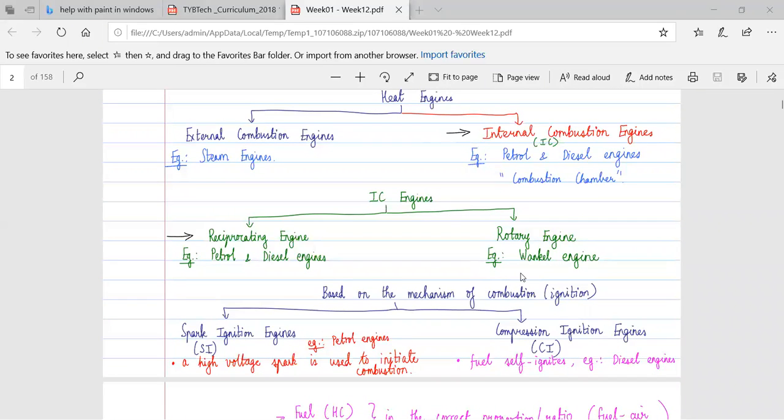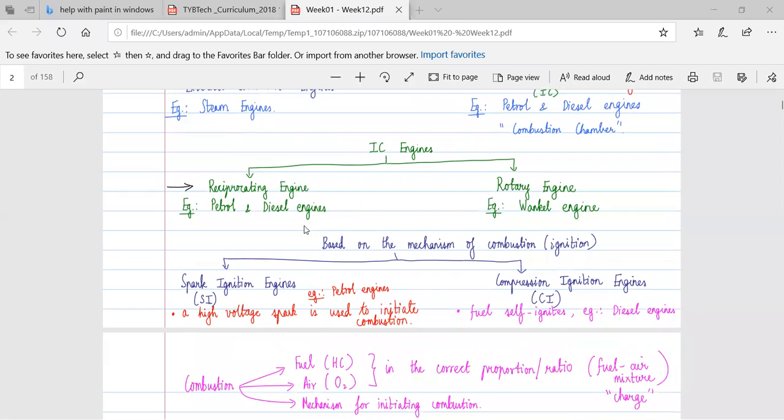In the reciprocating engine we have petrol and diesel engines.